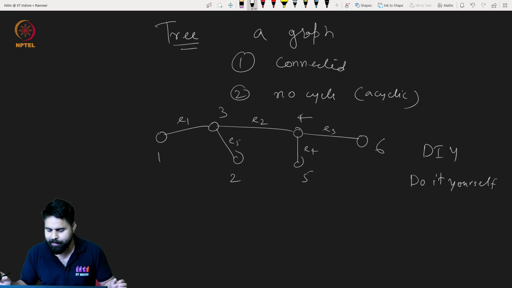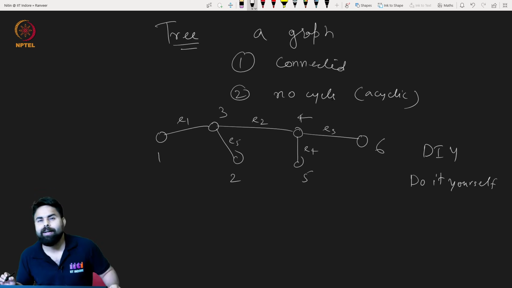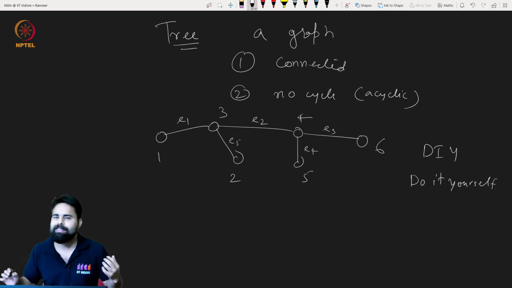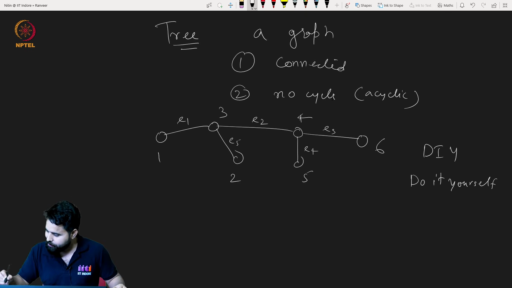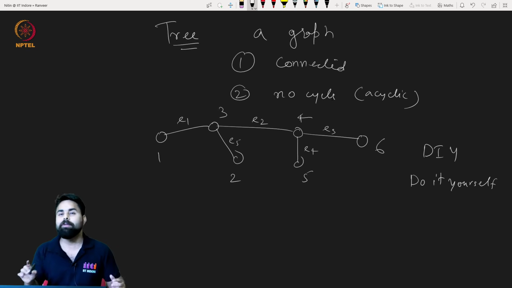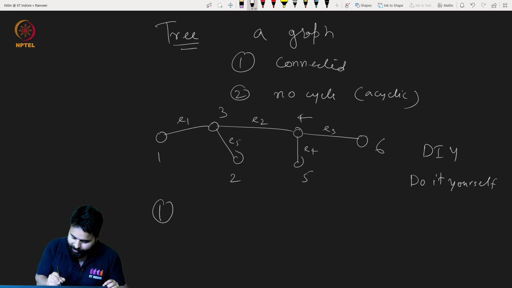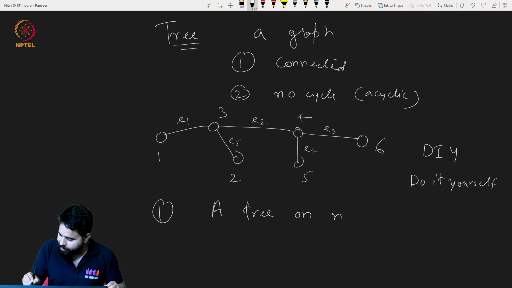Usually they are very, very simple, and some of the DIYs might be slightly advanced. Those we will see in the tutorial or your assignments. So I will give you 3 DIYs. The first DIY is: a tree on n nodes or n vertices has n minus 1 edges.